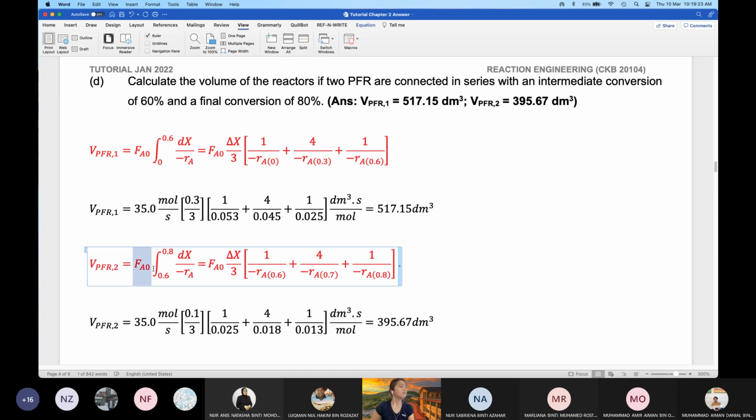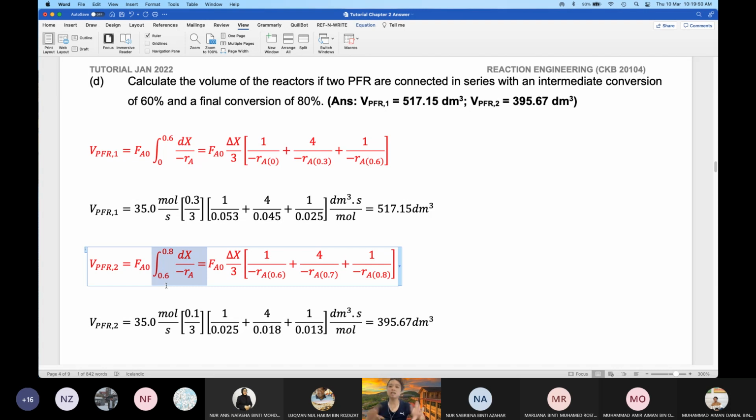Volume of PFR2 equals FA naught, but now integrating from 0.6 to 0.8. Why from 0.6 to 0.8? Because in the second reactor, the conversion coming in is 0.6, and it converts to a final conversion of 0.8. X1 is 0.6, X2 is 0.8. So it becomes the integral from 0.6 to 0.8 of dX per minus RA.